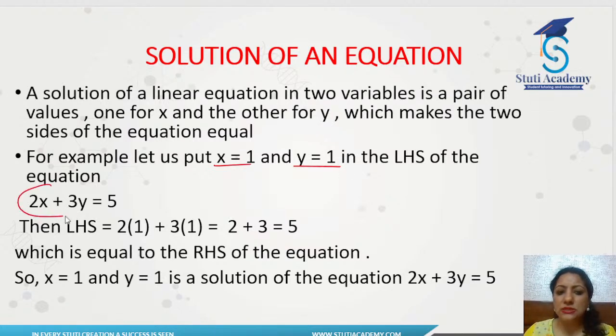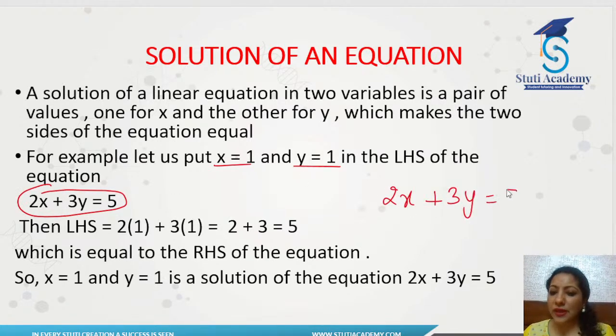For example, if I take the equation 2x plus 3y is equal to 5, the solution of the equation means that particular value of x and y which is going to make the equation true, which is going to make the left and the right hand side equal.